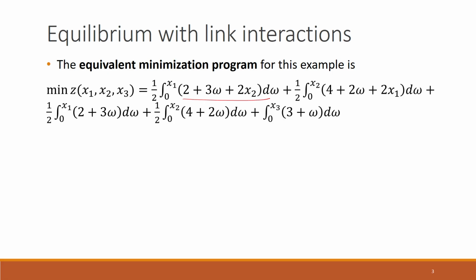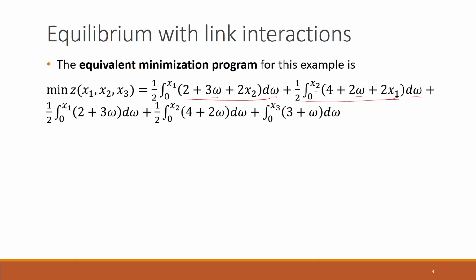So, this is half times 2 plus 3 omega plus 2x2. Here we have kept x2 as it is, and since there was x1 here, we have put omega, because we are integrating with respect to x1. And this is the term corresponding to the other link 2. Now we have kept x1 as it is, and instead of x2 we have omega because we are integrating with respect to x2.